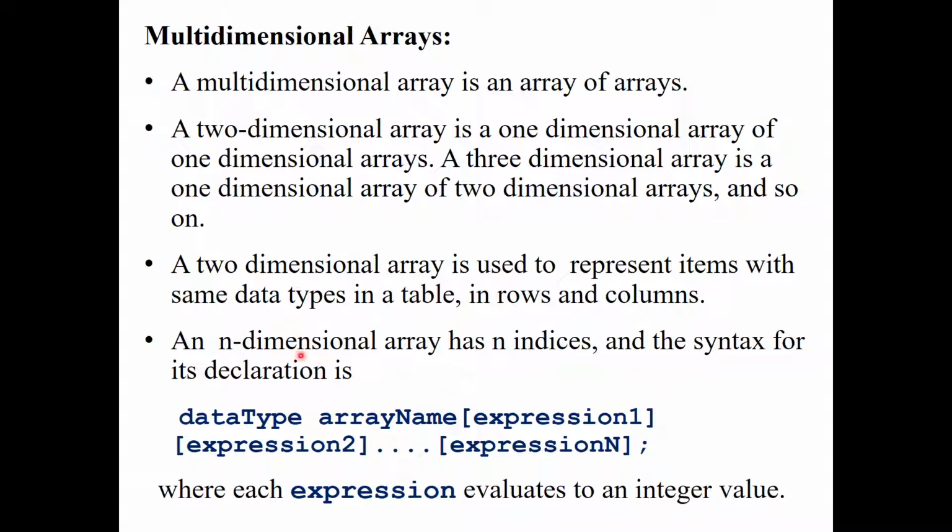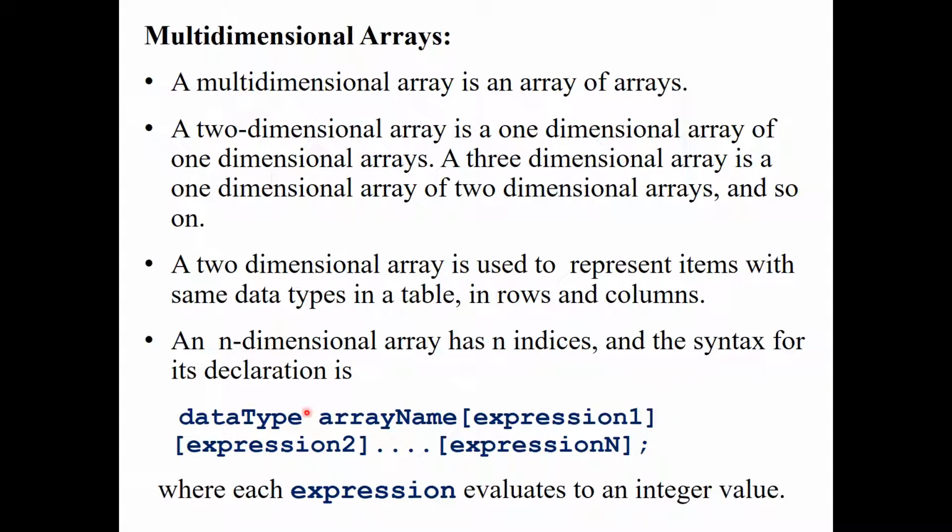So an n-dimensional array will have n indices, and for its declaration, in the case of a 1D array you only had the first line, but here just beside that you will have further square brackets, and depending on the number of dimensions in that array, you will have that many brackets.